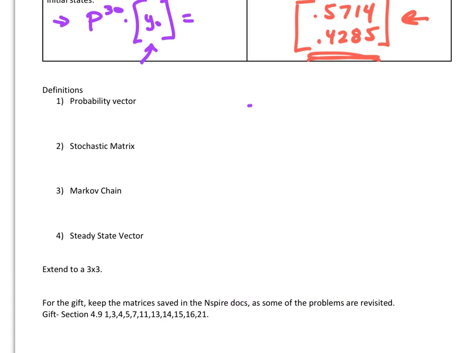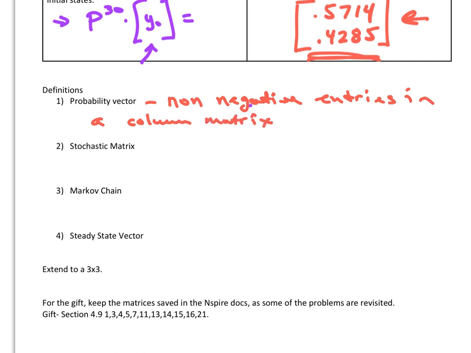So let's define some things here. Probability vector. This is kind of going in reverse. We did the example, and now we're going to define what we did. A probability vector would be non-negative entries in a column matrix that add to 1. So all the entries together are going to add to 1.